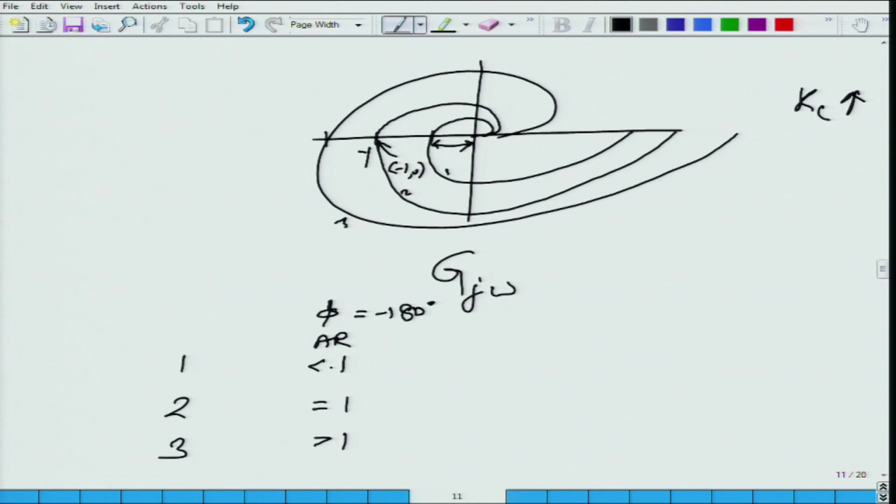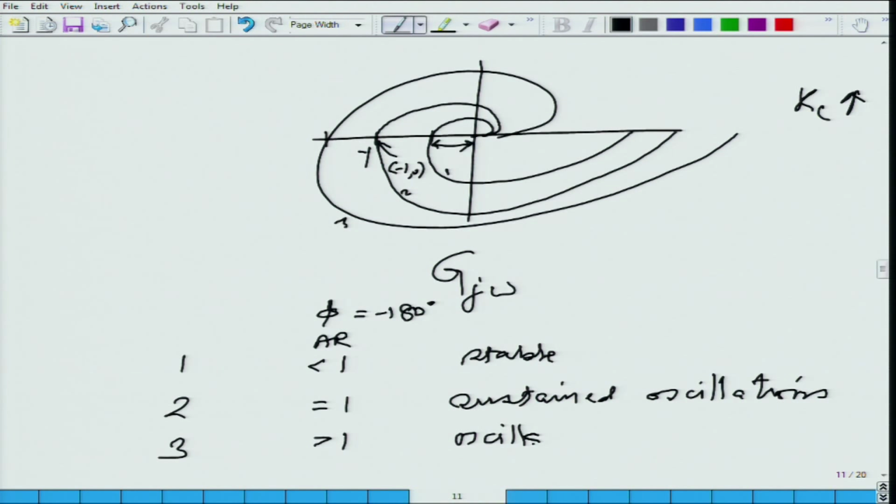So, the first would be stable, the second would be sustained oscillations, at the verge of instability, and the third would be oscillations that blow up. So, it is essentially unstable and oscillatory.